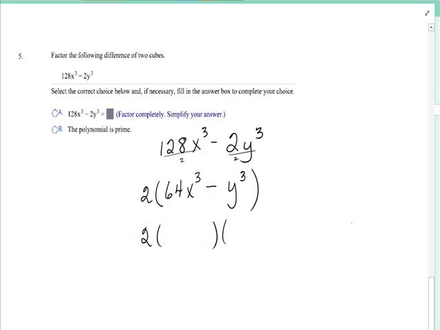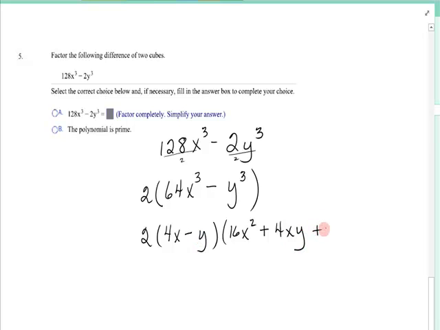Small parentheses, open the large one. The cube root of 64 is 4x, keep the sign, minus, cube root of y cubed is y. Now use these to build the trinomial. Square. 4x times 4x is 16x squared. Change the sign, plus. Product. 4xy.